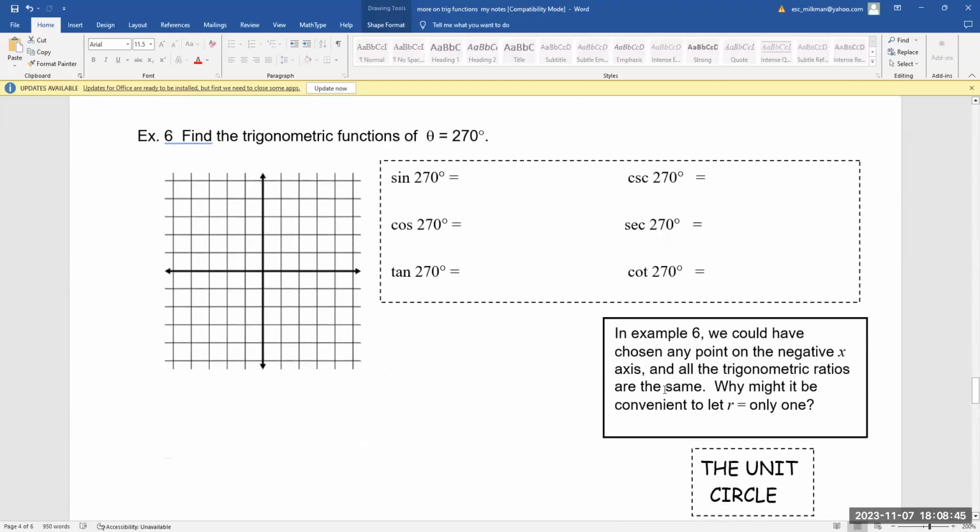Okay. Find the 6 trig functions of an angle theta of 270 degrees. I'm going to do this on a whiteboard. 270 degrees.